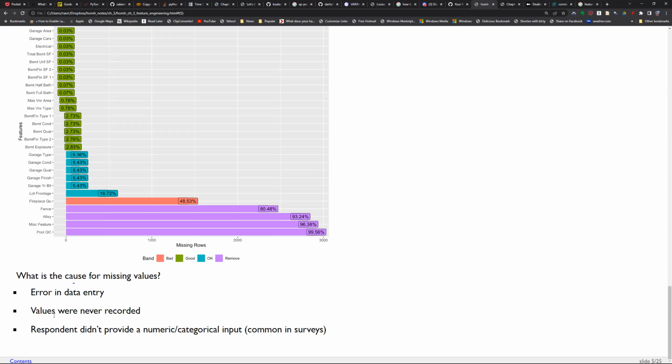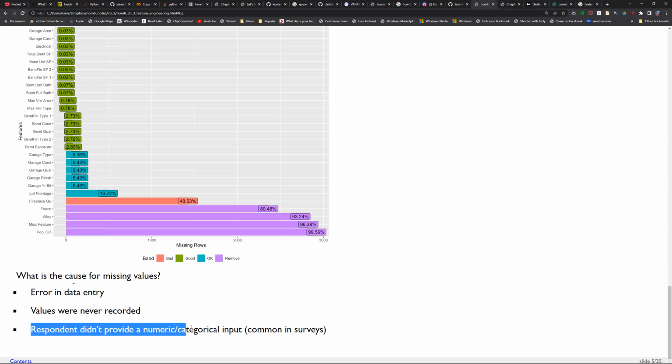Then, values were never recorded. For example, we have a device that records temperature, but that device was out of commission because of maintenance or some defect or mechanical malfunction. And for a period, you're not going to see those values. So that explains why those values are missing. And we discussed the age.